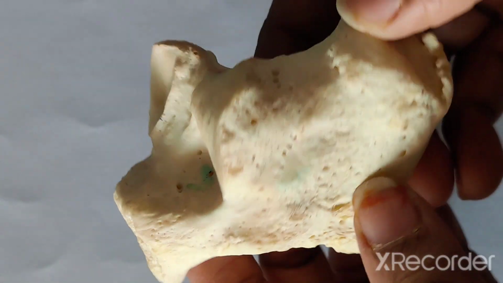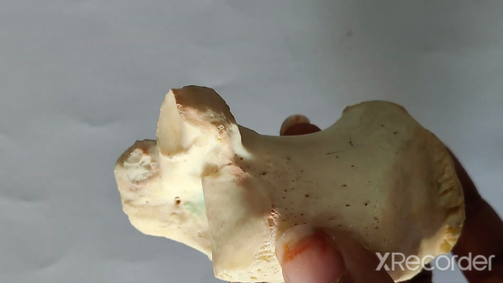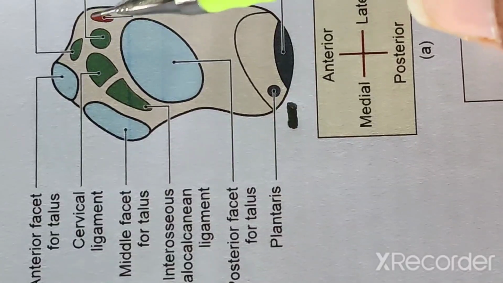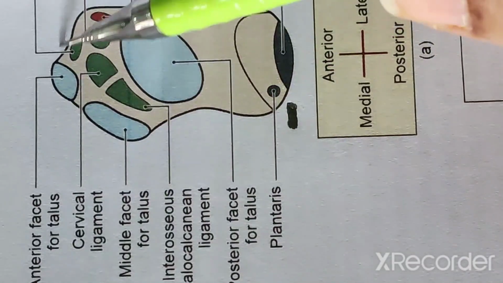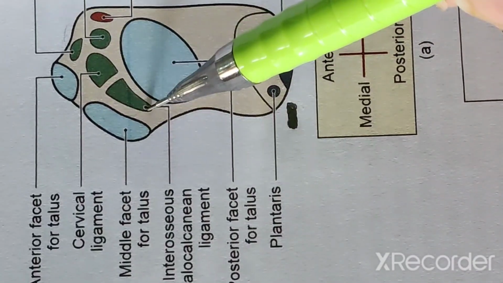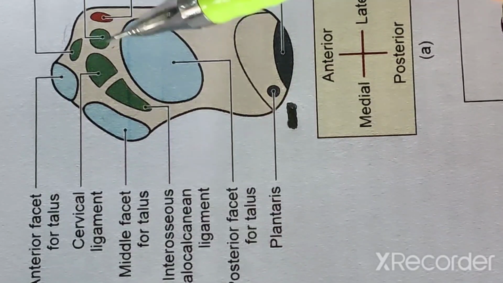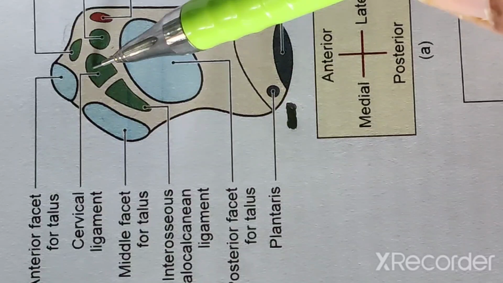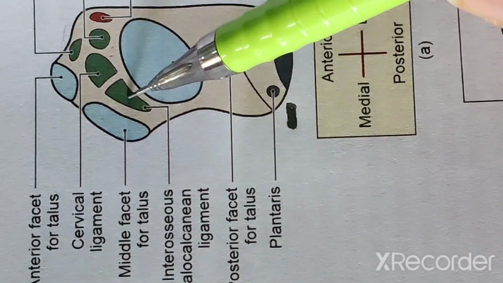Then we come to the attachments of this bone. Now the attachments on the superior surface of the calcaneum include, this is the anterior 1/3 part on the superior surface. This is the non-articular part. This non-articular part gives attachment to the cervical and interosseous talocalcanean ligament.